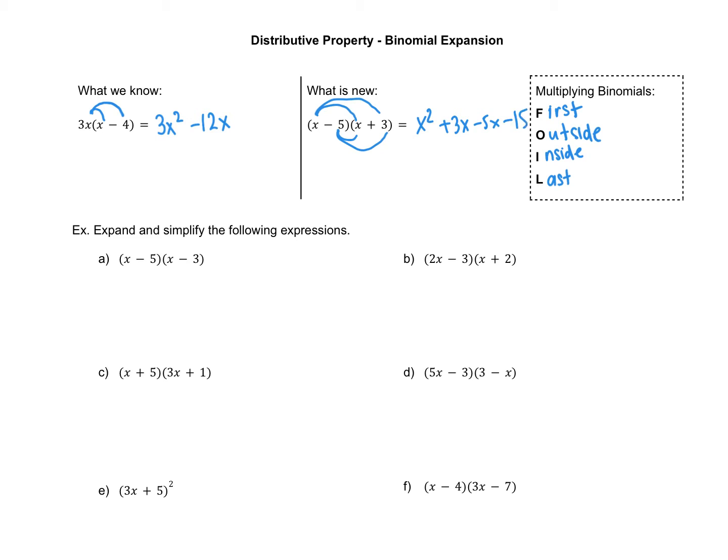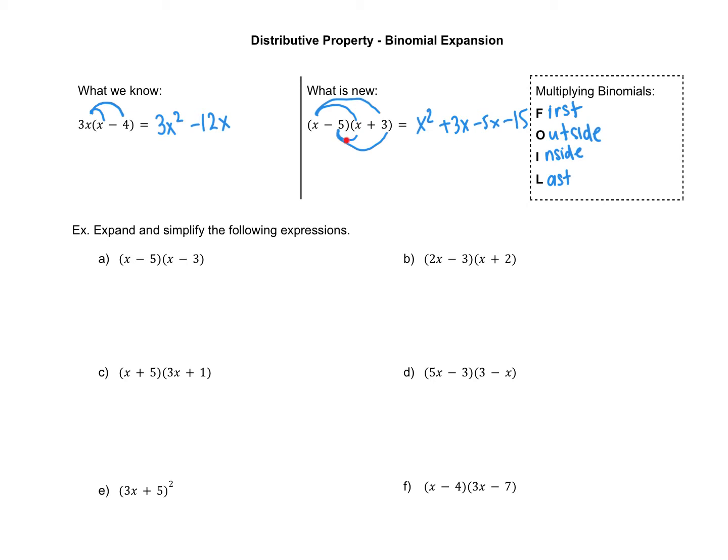So when you use FOIL, or this distributive property, you get rid of your brackets, and all that's left now is collecting like terms. Now, instead of thinking of it as FOIL, you can also see it like this. Take the first term and multiply it fully into the second bracket, so a little rainbow there. Then you take the second term in your first bracket and do the same thing.